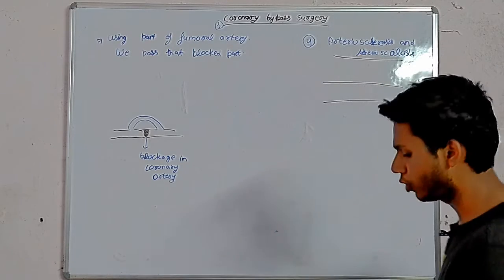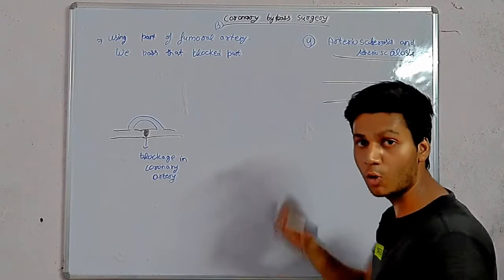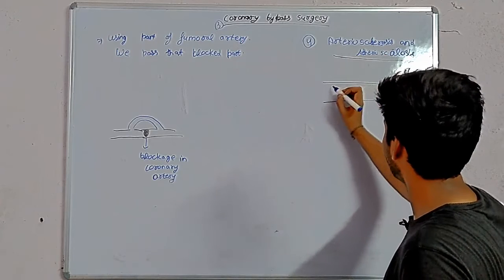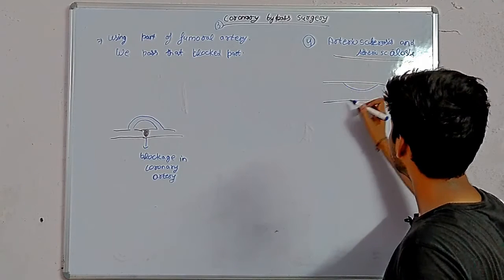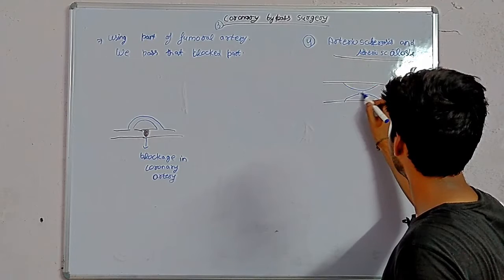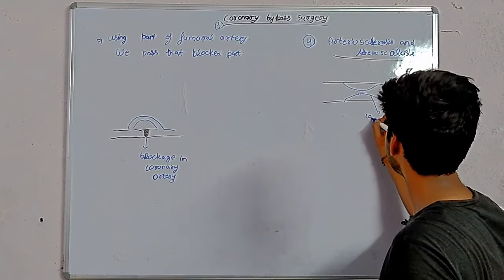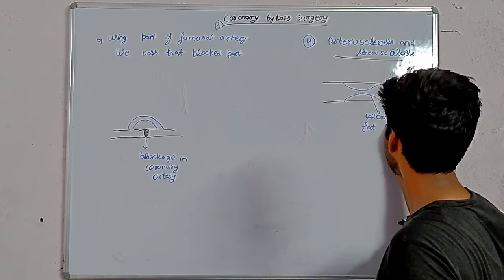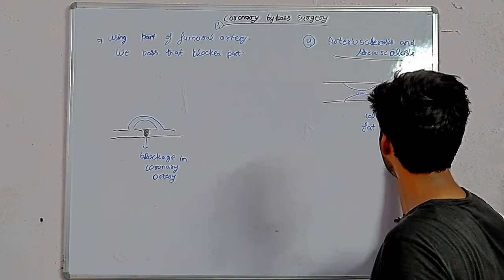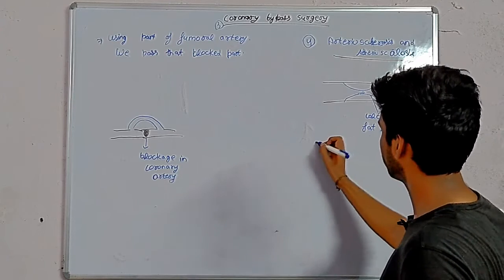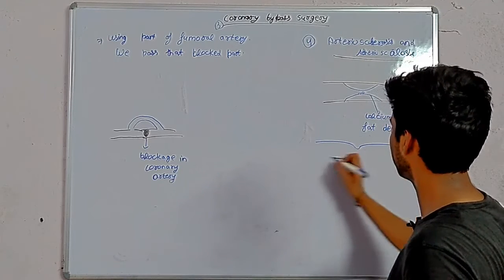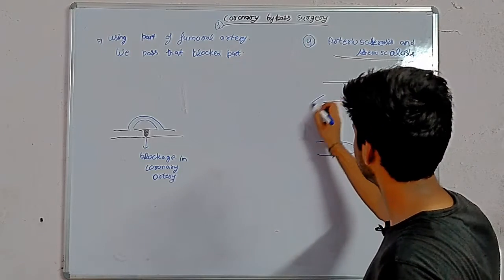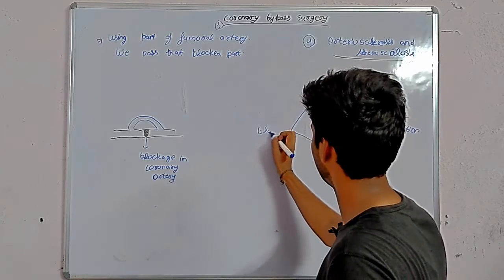It is sometimes blocked due to fat deposition, calcium deposition, or some pressure. Calcium or fat deposition, or sometimes the artery gets engorged and blocked due to pressure. These are blockages.